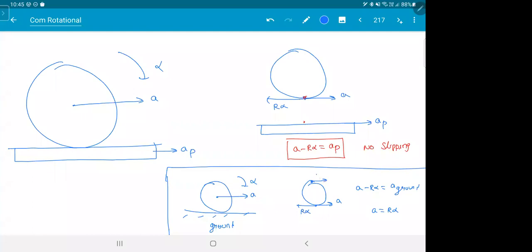And this point would be A plus R alpha, which will be double the acceleration. Everything is same, just like velocity. So in place of V you have to keep A. Clear? Put it down. If someone says the cylinder is not slipping, you can do the same thing for acceleration also.